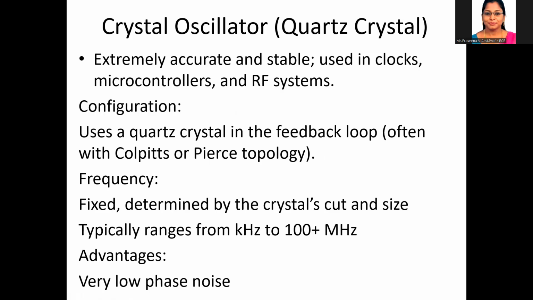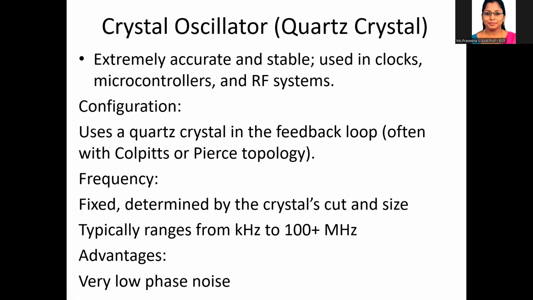And next is the crystal oscillator, or quartz crystal oscillator. The crystal oscillator is one of the most accurate and stable oscillators used in electronic systems, right? From the name itself, we can get an idea that it utilizes the piezoelectric property of quartz crystal to generate a precise oscillation.